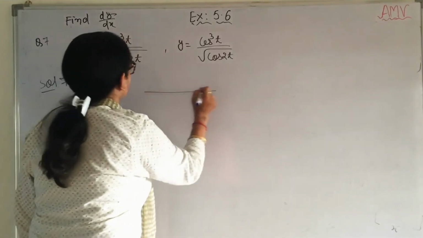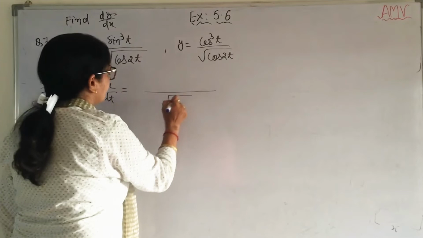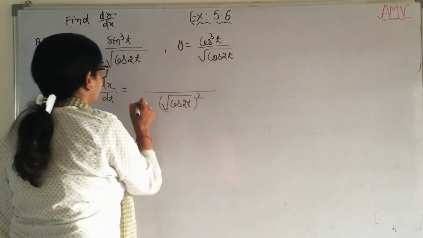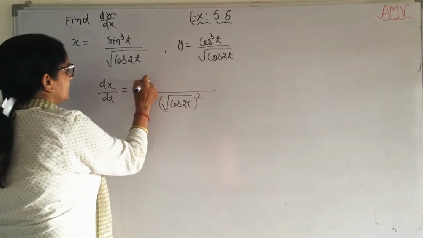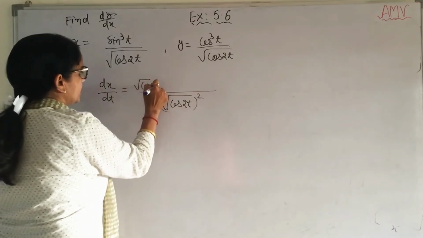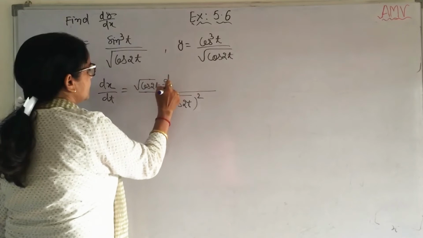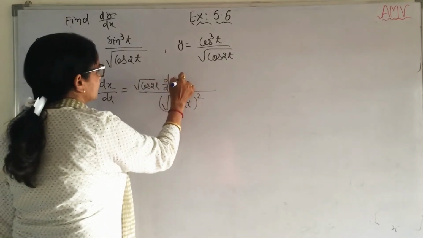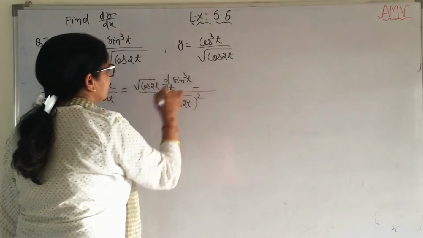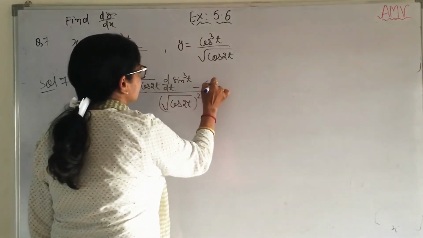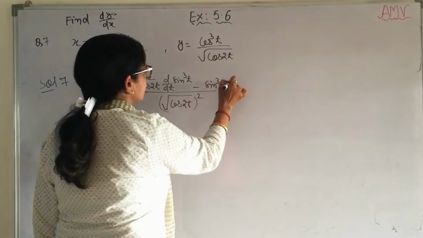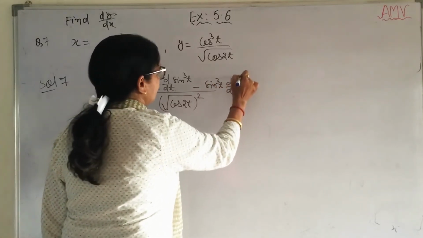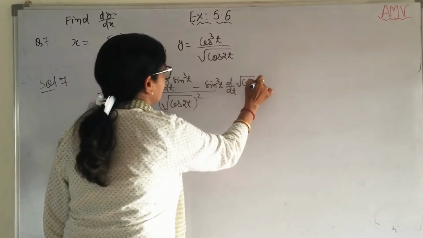So it is under root cos 2t square, and now here under root cos 2t as it is, d by dt of sin cube t, then minus, and now sin cube t is as it is, and derivative with respect to t of root cos 2t.